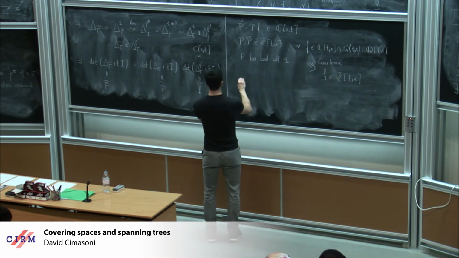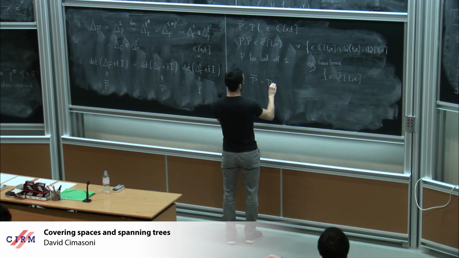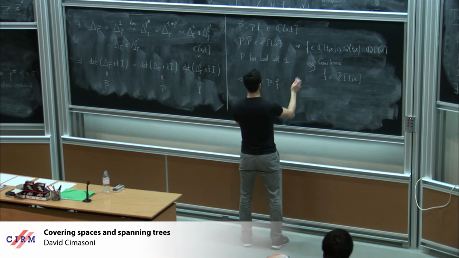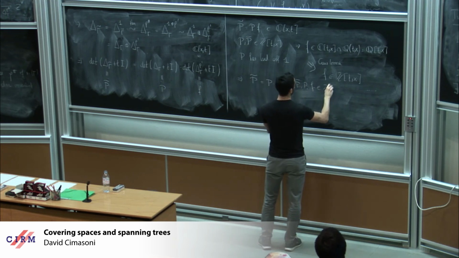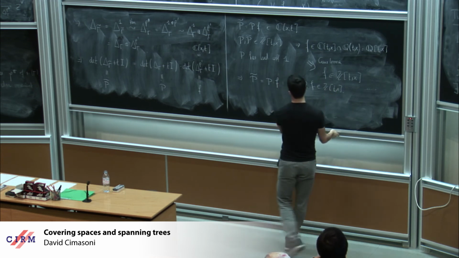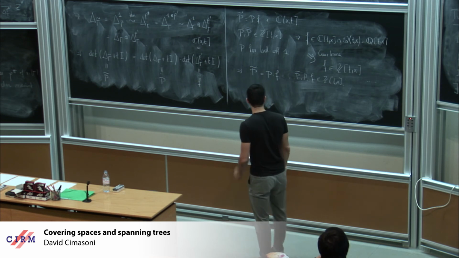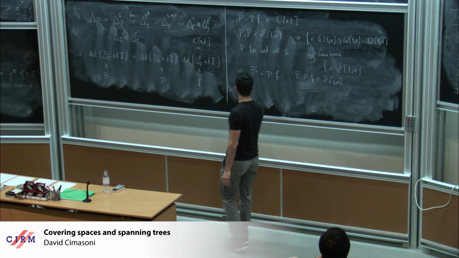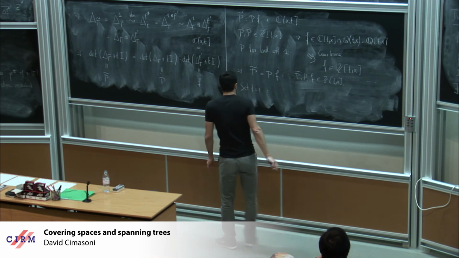So what do we have? We have that p tilde is equal to p times f in Z of t, x. And so now we're good. The part about rooted spanning forests is completely immediate. Now you just set t equal 1, and what do we get?